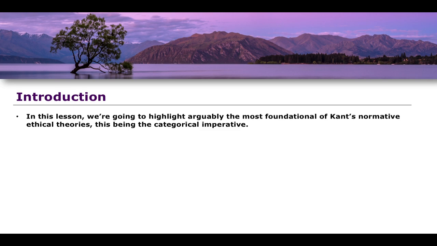But how am I able to actually apply this to actual ethical conundrums like business ethics or sexual ethics or the rights to an abortion or genetic engineering and all these different kinds of applied ethical principles? I can't just talk about human rationality and capacity and autonomy. I have to actually have a foundational system for which I'm able to apply my ethical principles. That's what the categorical imperative seeks to do.